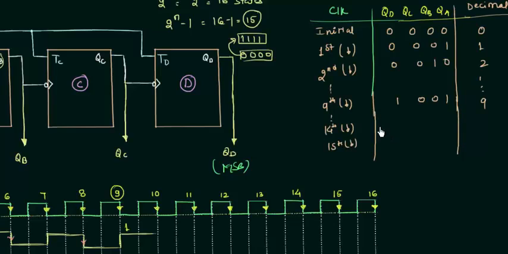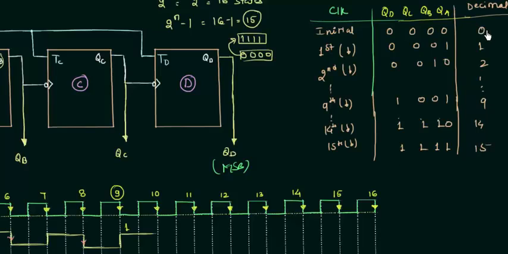For the 14th falling edge we will have 1 1 1 0, and for the 15th falling edge we will have all the bits high. So this is the equivalent of 14, 8 plus 4 plus 2, this is definitely 14, and this is 15.